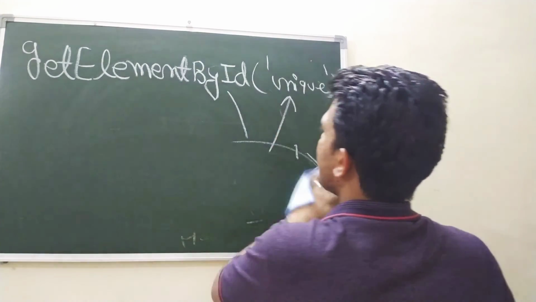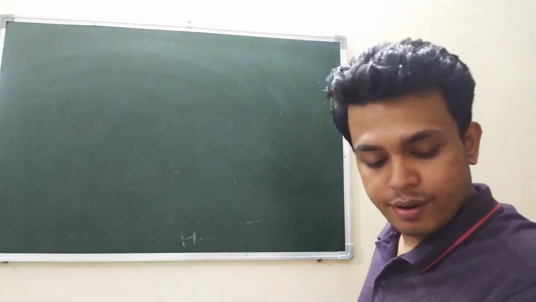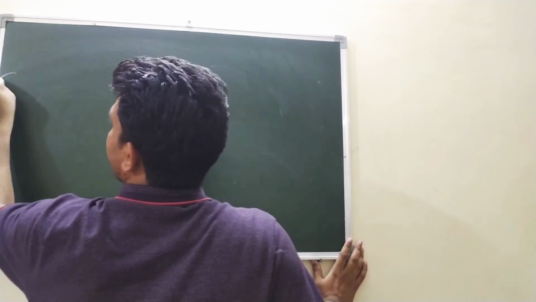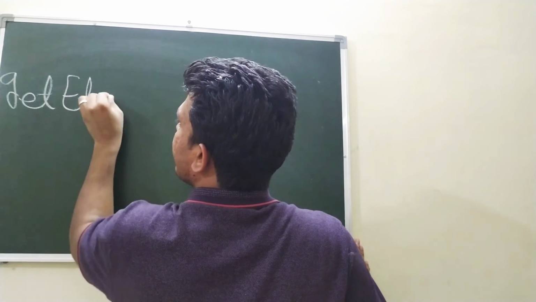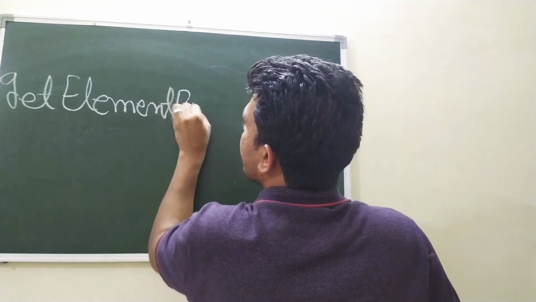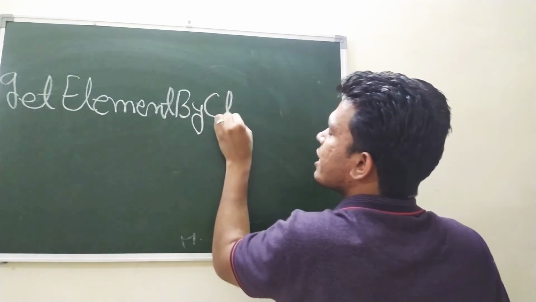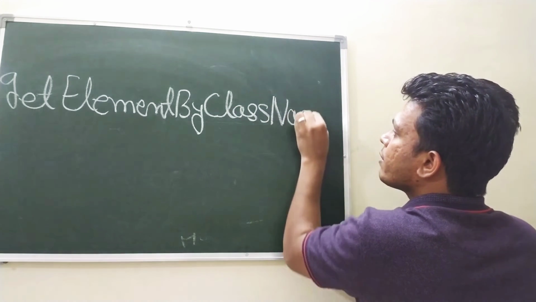So I am removing this part. The second one is getElementsByClassName, right?